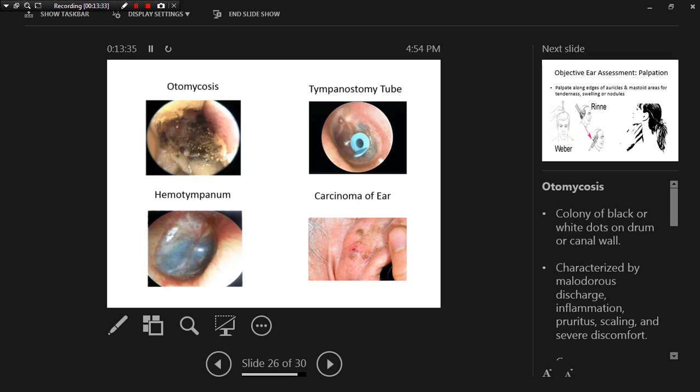This is a picture of a PE tube. It's inserted right through the eardrum of the tympanic membrane and helps to equalize the pressure, and also it helps to drain some of the fluid in these patients who have got chronic ear infections. Most commonly our patients who have chronic ear infections are children, because their eustachian tubes are not very steep like they are in adults, so they have a difficult time draining.